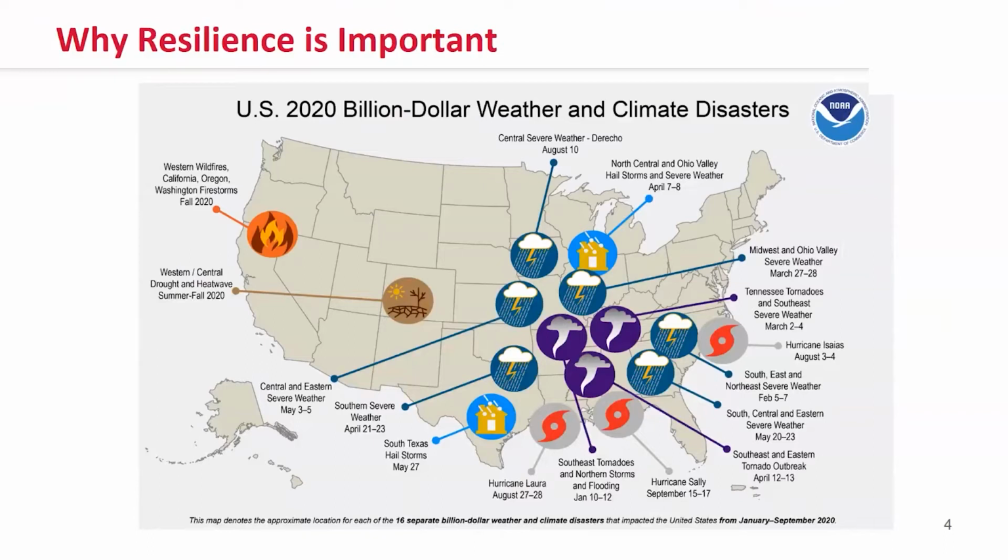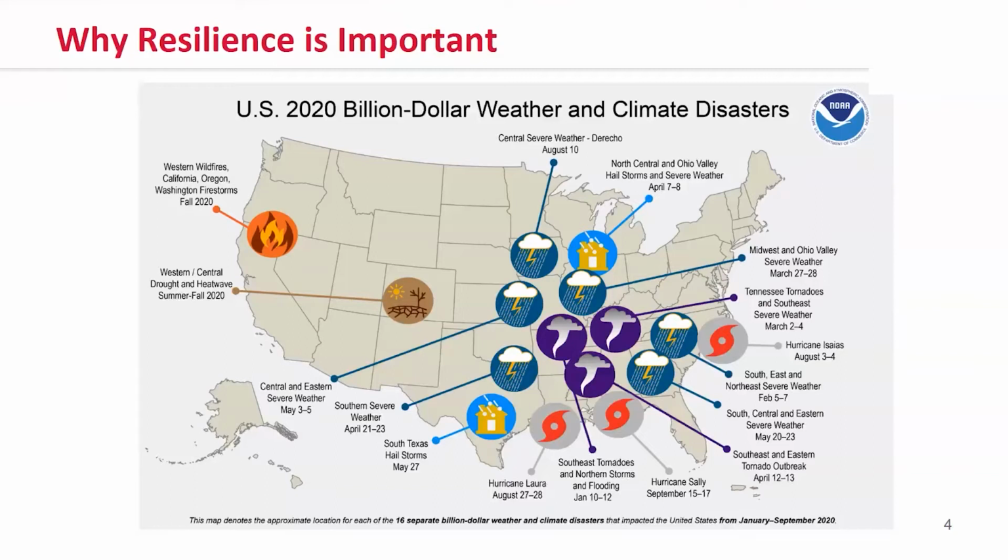There happen to have been a total of 16 events in the first 9 months of this year. 2020 is the 6th consecutive year, starting in 2015, in which we've had 10 or more billion-dollar weather or climate-related disaster events in the US.